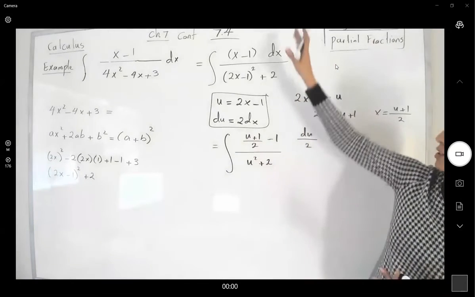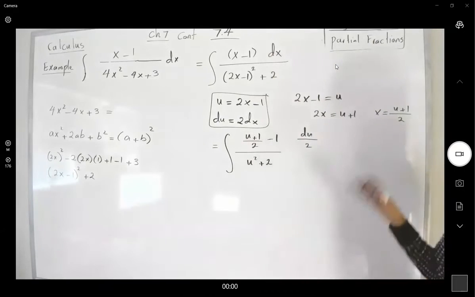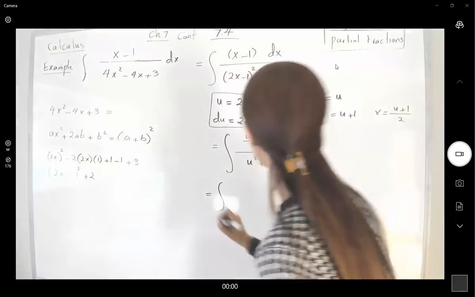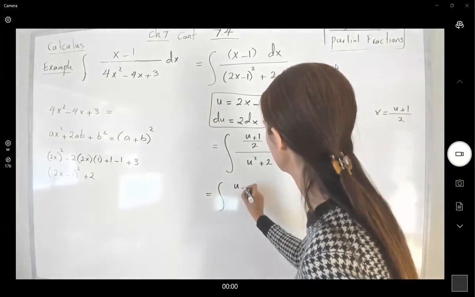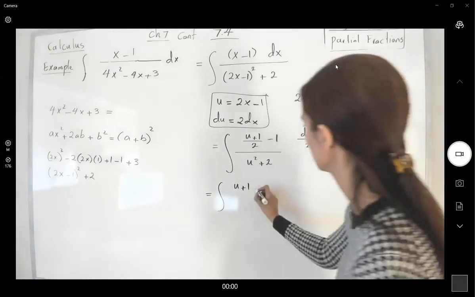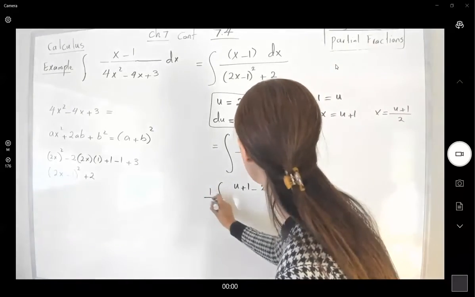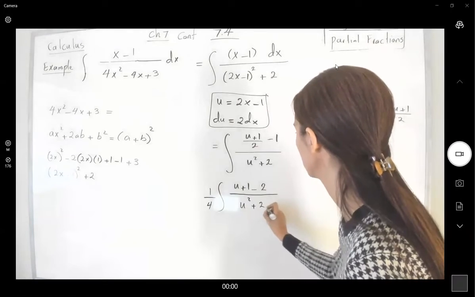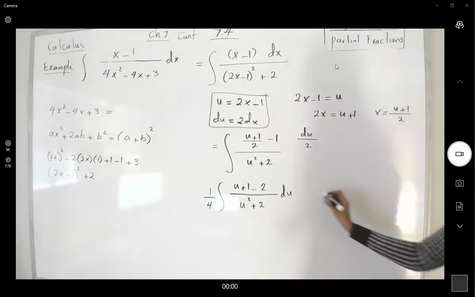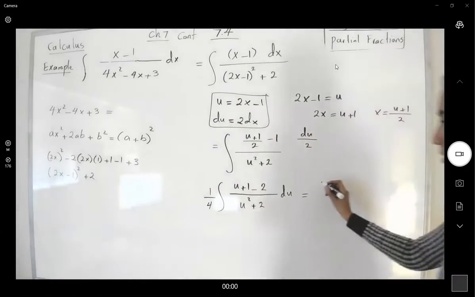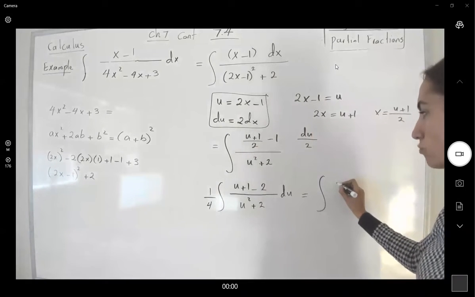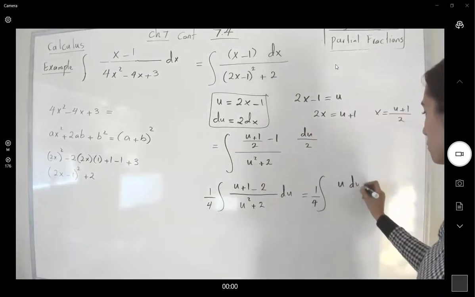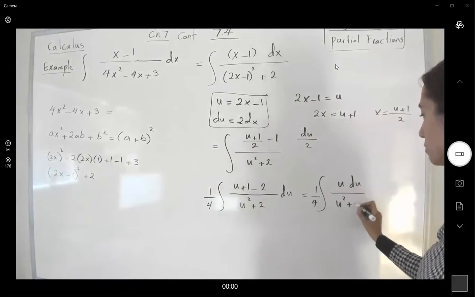Again, it doesn't matter if you separate at the beginning or use u and separate these two integrals. This is the integral of u plus 1 minus 2, let's write a half, and a 4, divided by u squared plus 2 du. This is the integral of u minus 1, over 4, u du over u squared plus 2.